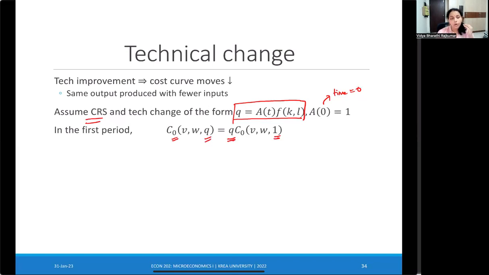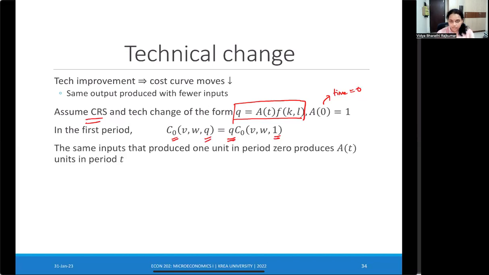Now, over a period of time, technical change happens, technology progresses. So when you get to time period t, whatever inputs you were using in time period 0, if you use those same inputs in time period t, you're going to be getting more output. So we could think of technological change in two ways, right?